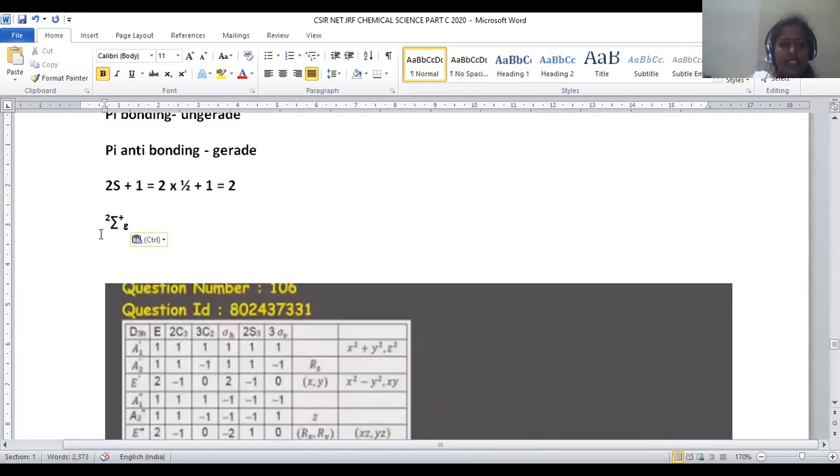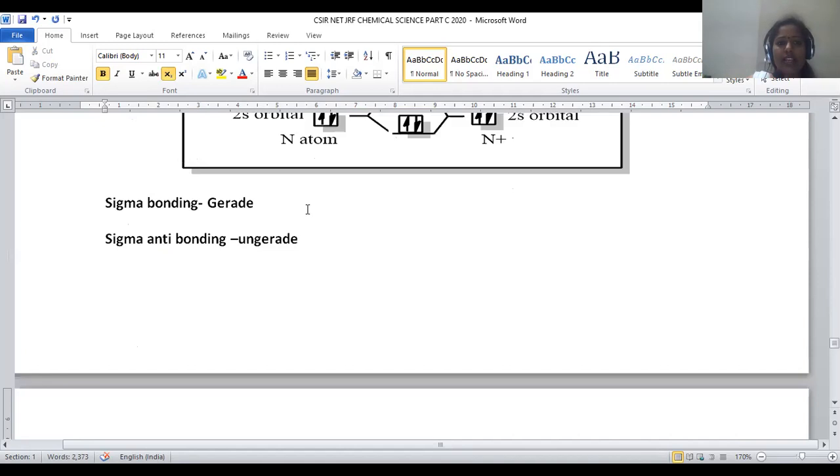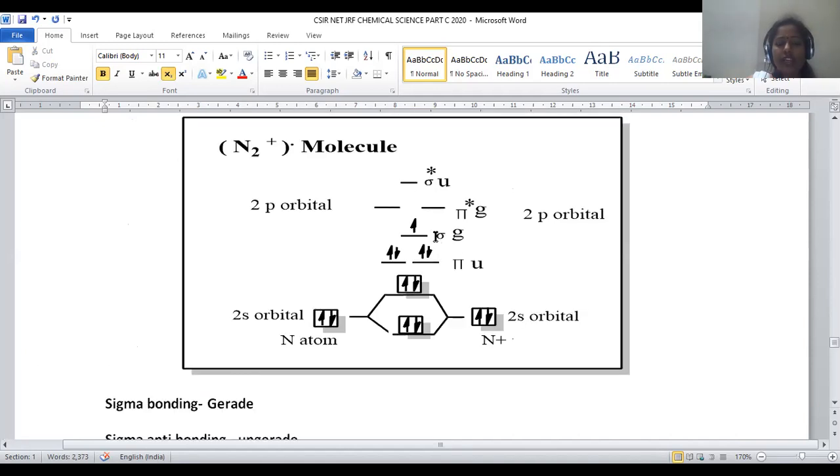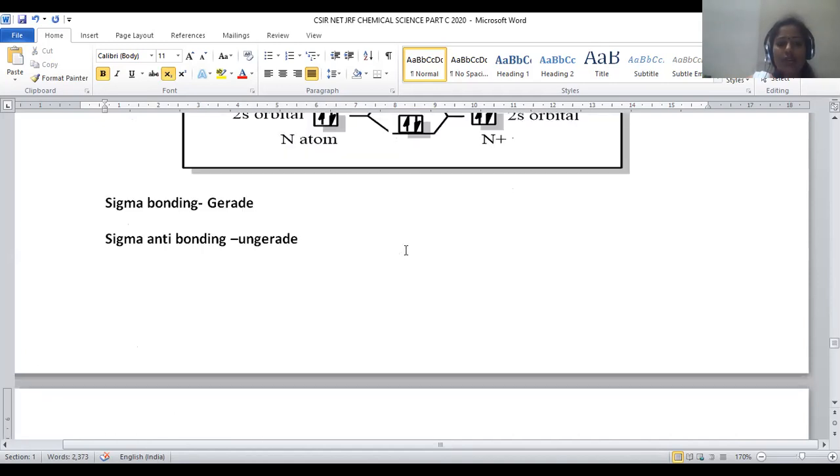So how is this achieved? Here the 2S plus 1 formula will be taken as the superscript. S is nothing but the spin of the electron. Here one electron is there in the valence shell, hence we can assign 1/2. Then 2 into 1/2 plus 1, the 2 gets cancelled, it will be 2. That's why we indicated 2 here. Then where the electron resides: the electron is present in the sigma orbital.